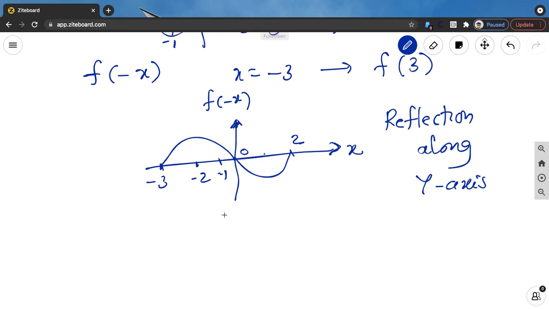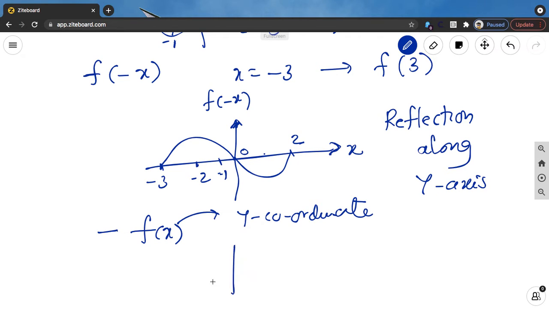Okay, now let me see what is the meaning of minus f of x. That means after the function is done, I put a negative sign. After the function is done means f of x is the y coordinate. So what is getting affected is the y value. All the positive values of y will now become negative. And all the negative values of y will become positive.